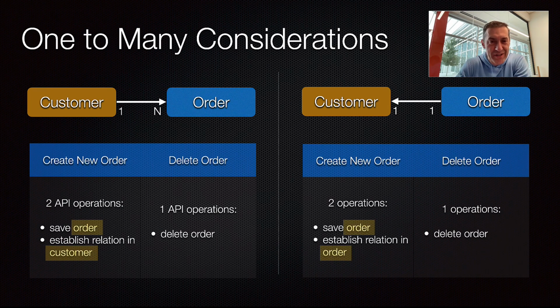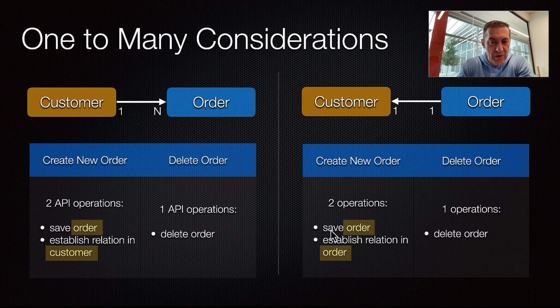So the slight difference is going to be here. Notice that in the classical one-to-many, we are saving order. So we work with the order table and we're updating relationship in customer. So we are working with two different tables in this case to make these two operations.